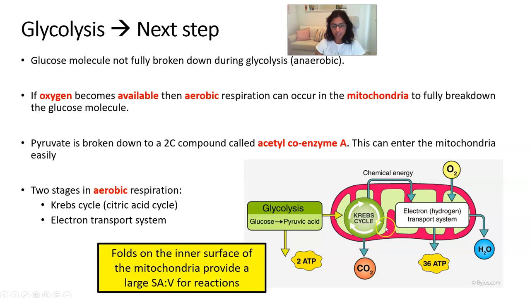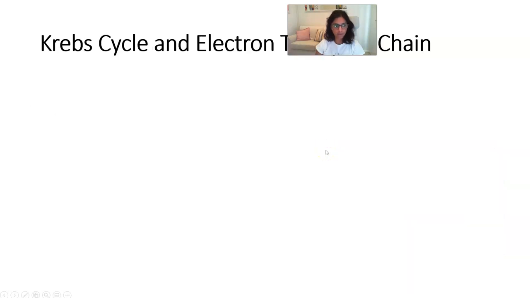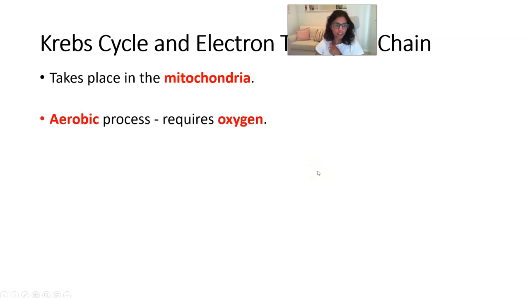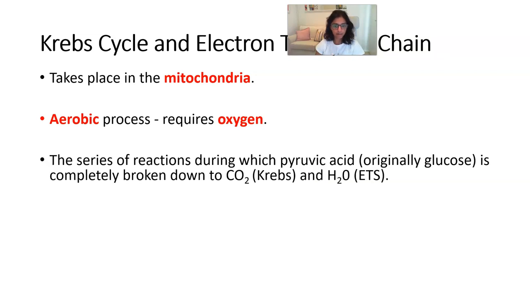Now you'll notice within the mitochondria we have these series of folds, and these folds provide a larger surface area to volume ratio so that reactions can happen much faster. Okay, so the Krebs cycle and the electron transport chain occur in the mitochondria, and this step will only happen if oxygen is present.